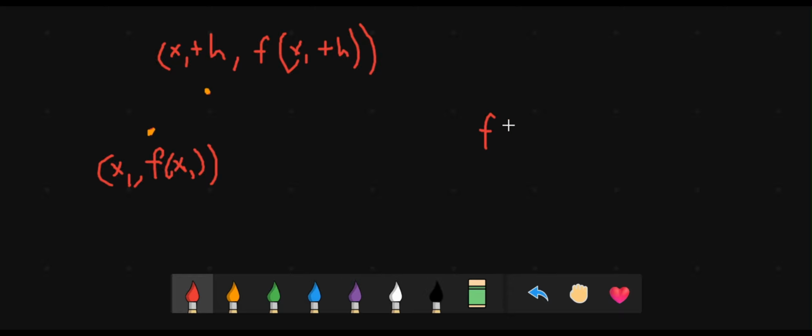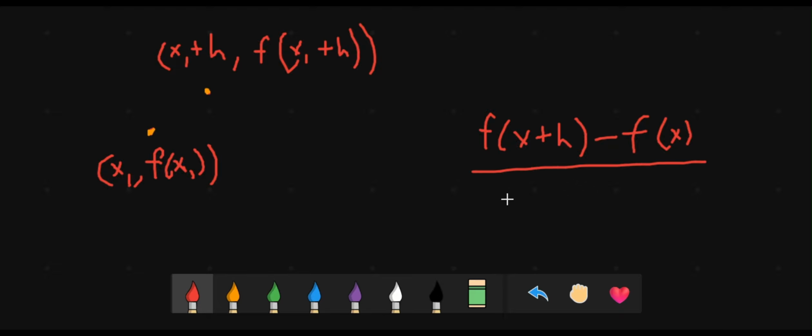It's y2 minus y1, so f of x plus h minus f of x over x1 plus h minus x1. Oh, and also notice something. x1 plus h minus x1, the x1 and x1 just cancel out. So we can just rewrite this as divided by h.